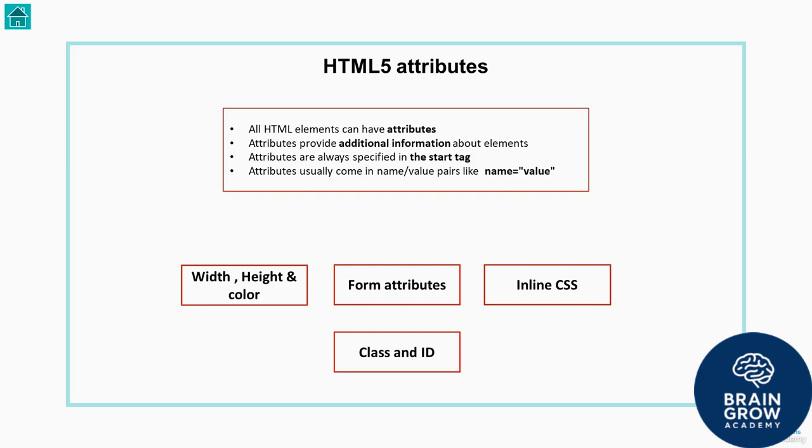The ID attribute specifies a unique identity to an HTML element, while the HTML class attribute specifies one or more class names for an element. Don't worry again if this sounds complicated to you. We'll explore all these topics one by one, deeper and deeper as we move forward.